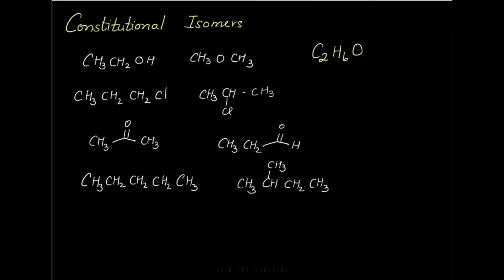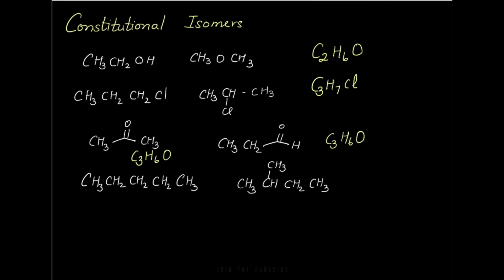And in the next example, we have 1 propyl chloride and 2 propyl chloride. You can see that both of them have a total of 3 carbons, 7 hydrogens, and 1 chlorine. And in the next example, we have C3H6O for both of these compounds.